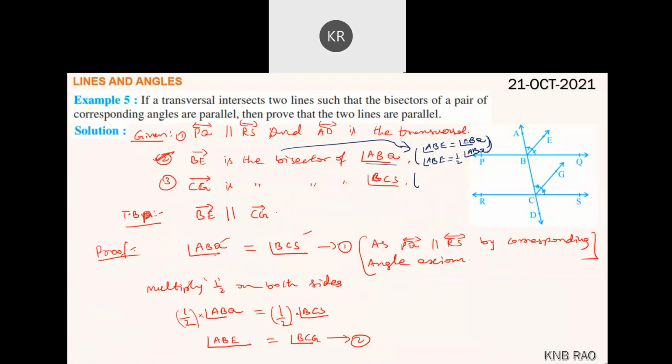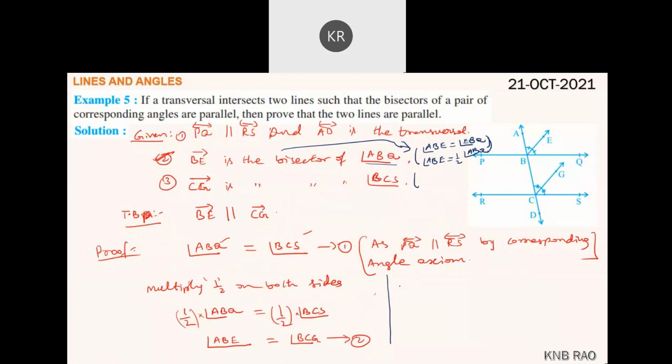Now, here we were writing, angle ABE equals angle BCG.